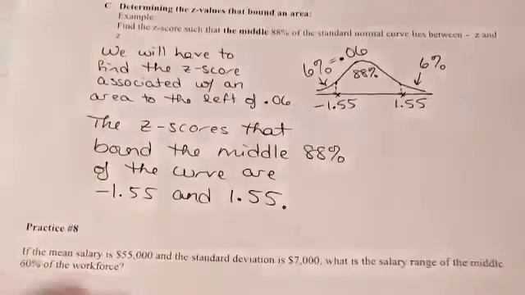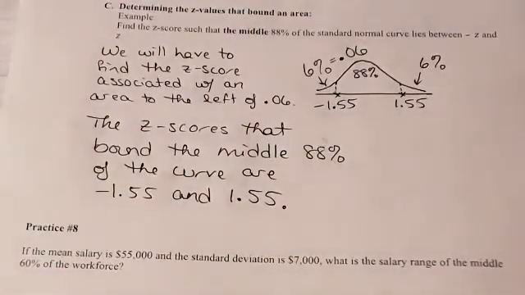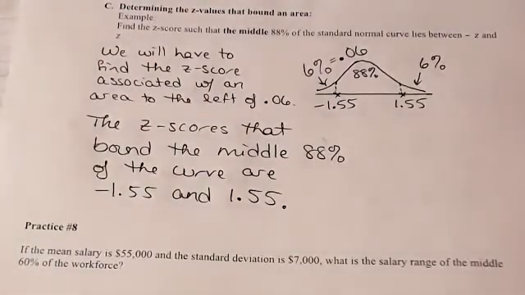It's symmetric, which makes sense that they're going to be the exact same value. The area to the left of negative 1.55 is 6%, and so is the area to the right of positive 1.55. They are symmetric. What questions do you have for me on that?